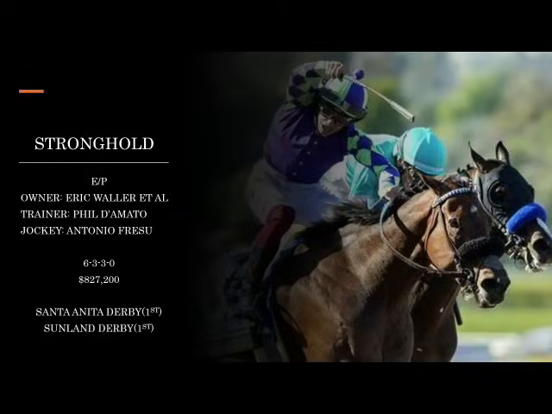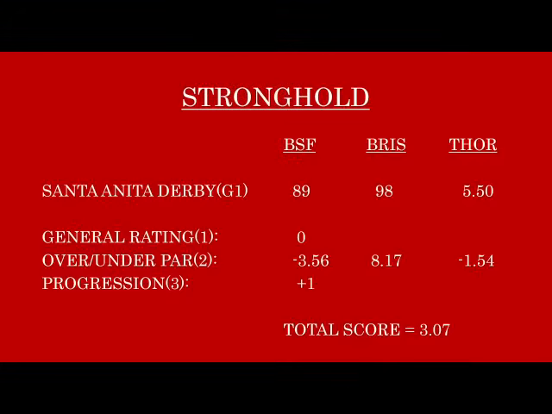Stronghold has been running in kind of subpar competition, and consequently his speed figures reflect that. He got an 89 Beyer, which is below average. His Brisnet, though, was above average. And that'll happen sometimes, because the Beyer speed figure only incorporates the final time, and Brisnet is more comprehensive when it comes to incorporating pace and whatnot.